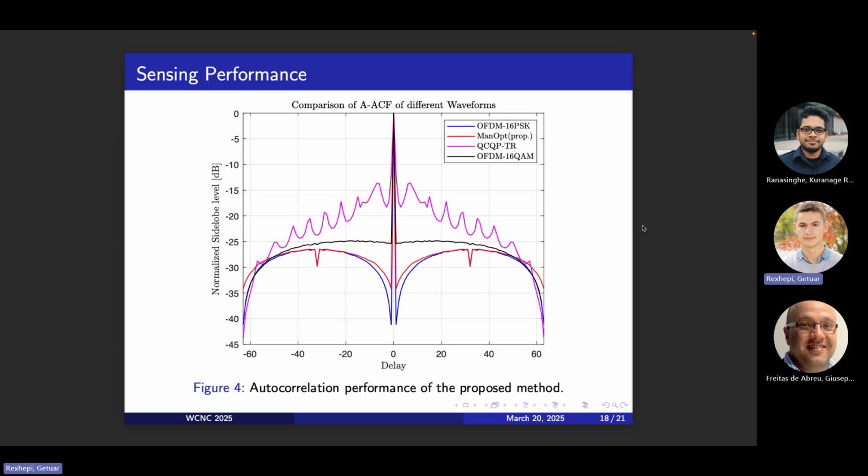But the important point here is that we want very low sidelobe levels, because if you have targets that are very close to each other, then you will have the so-called masking effect, or you are unsure if your sidelobe is another target or just your poorly designed waveform. So you don't want that.